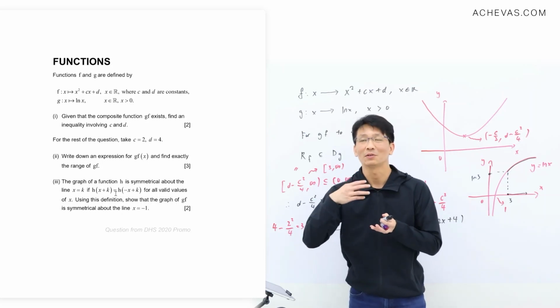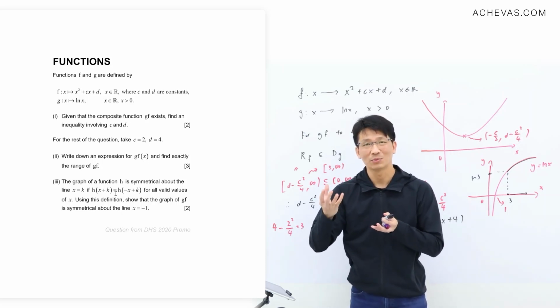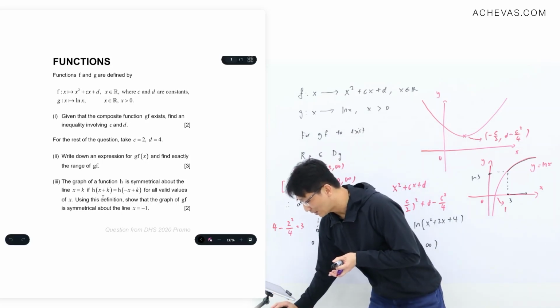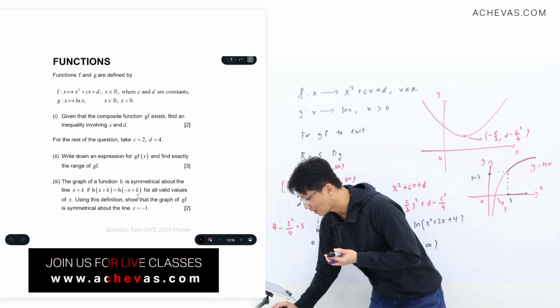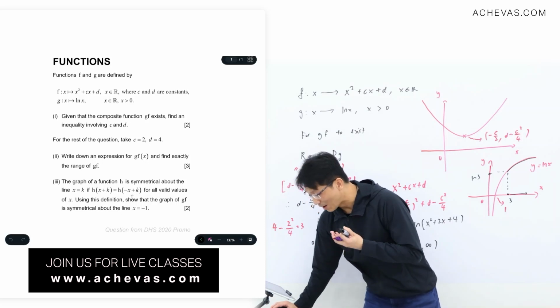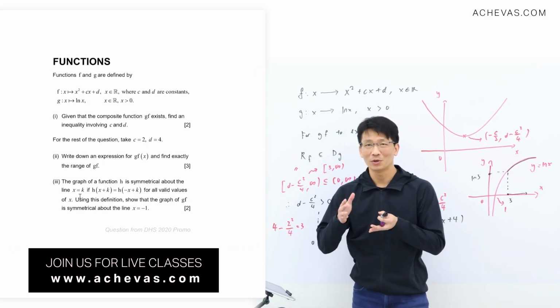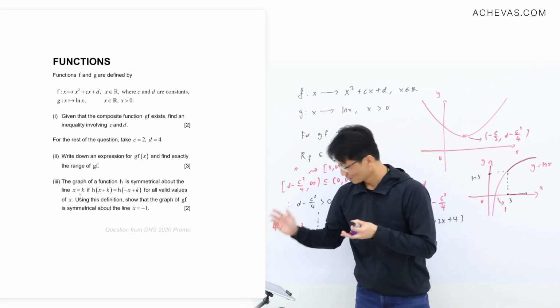Basically, we just need to follow the instruction, and as long as we can show this particular expression from the left hand side of this equation equal to the right hand side of this equation, then I will be able to show that this graph will be symmetrical about the line x equal to k. We don't really need to go into the details of why it is so.